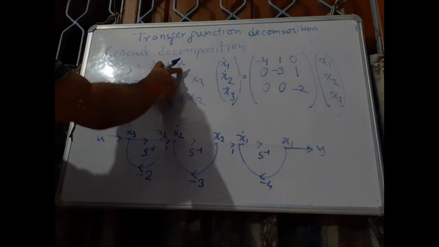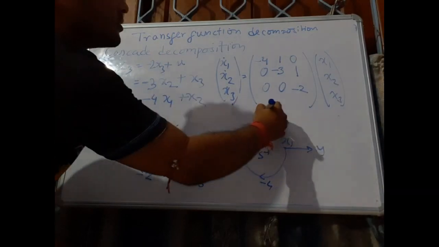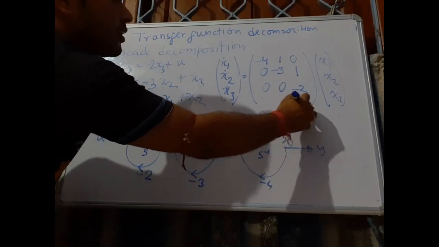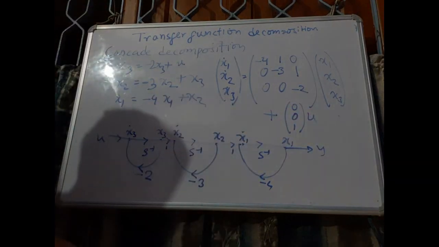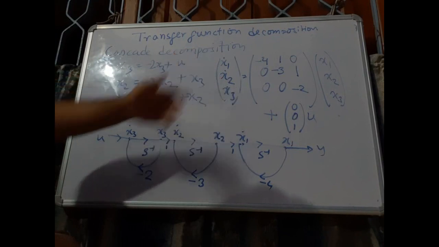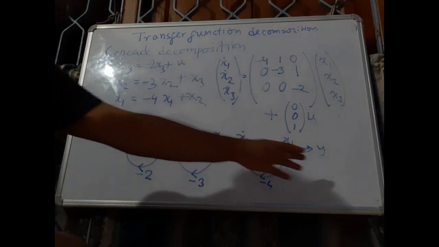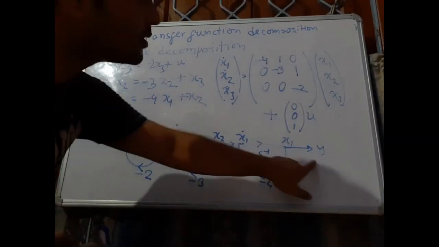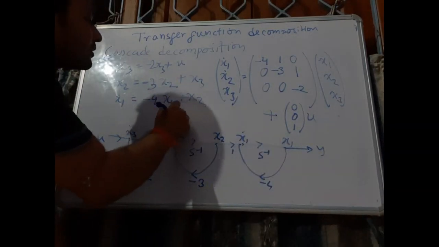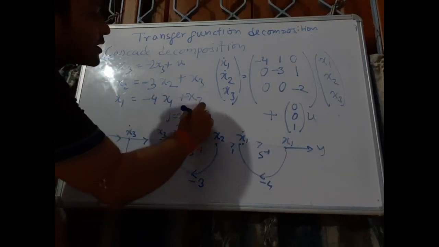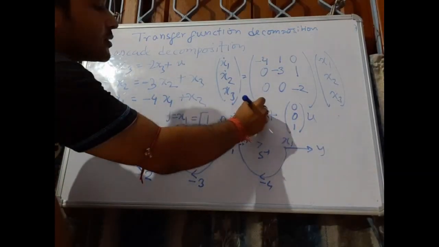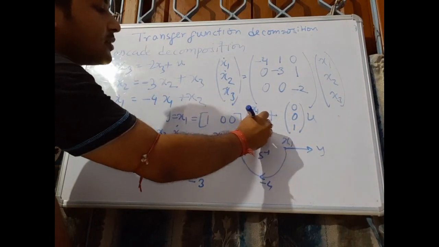And we have this u, so this will be plus 0 0 1 times u. Okay, this is the state equation. And if we take y equal to x1, this can be written as 1 0 0 times x1 x2 x3.